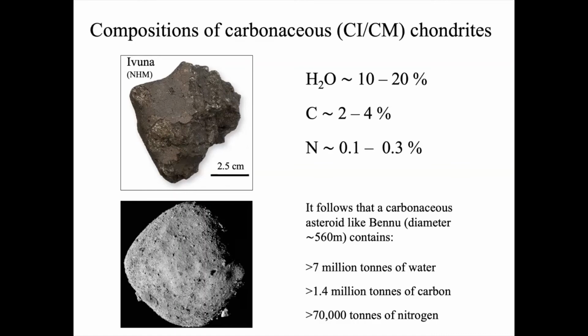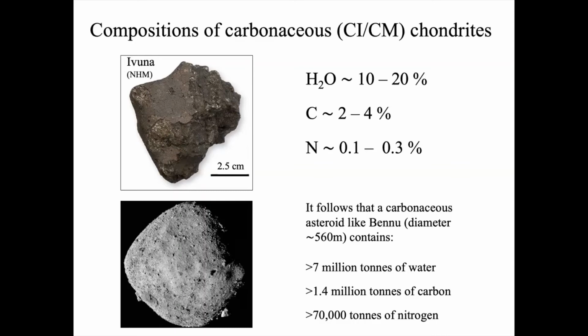So if we consider a 500-meter diameter carbonaceous asteroid like Bennu, and we take the lower limits of these percentage compositions, this is why I've got 'greater than' here: 7 million tons of water, 1.4 million tons of carbon, 70,000 tons of nitrogen contained in such an object. Now, water will obviously be valuable as a space resource.